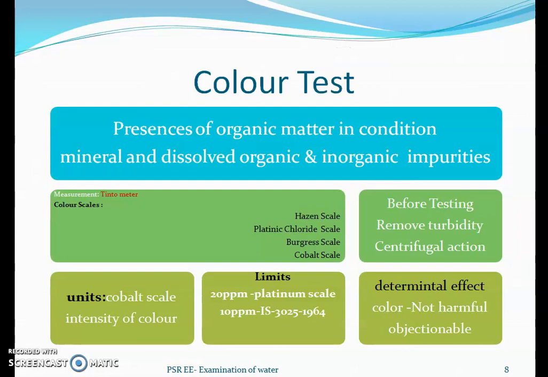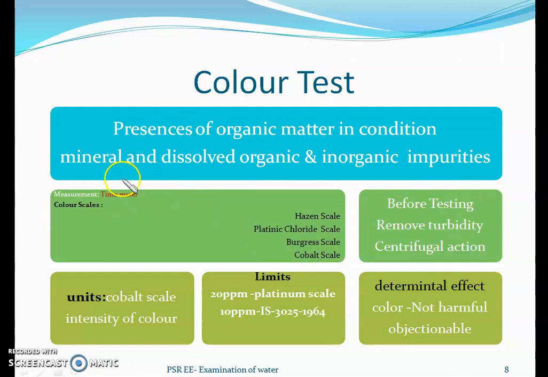Already we have discussed that color is due to organic matter in colloidal condition. Not only colloidal conditions, but minerals and dissolved organic and inorganic impurities are also available. Because of these things we can see color in the water. If you want to find out the level of the color, generally we use a tintometer.